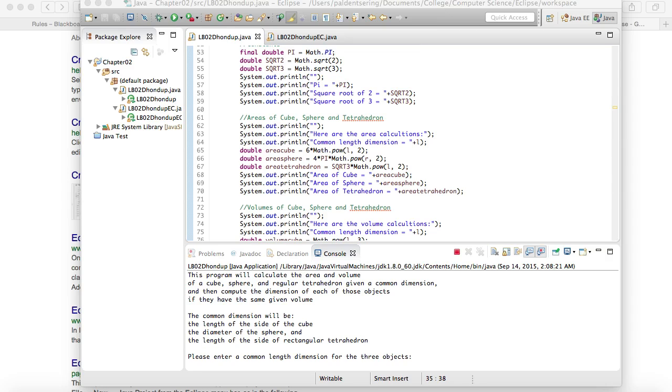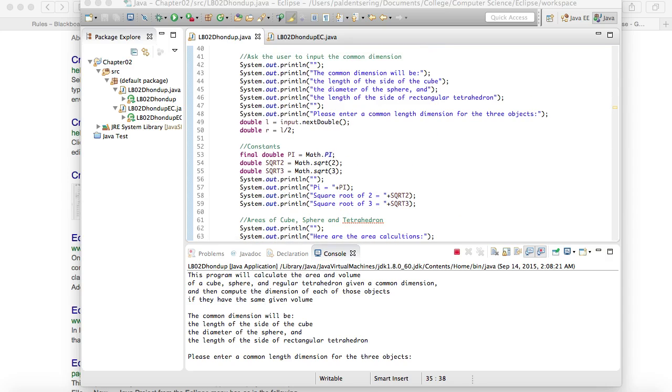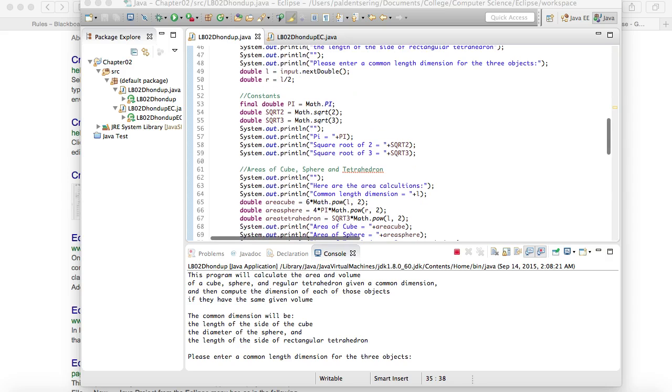For the area, I use these formulas. The area of the cube is 6L squared, L being the common length of the cube. The area of the sphere is 4 pi r squared, and r I wrote as L divided by 2. L is the diameter of the sphere, and r is the radius, so r is the diameter divided by 2, which is L divided by 2.